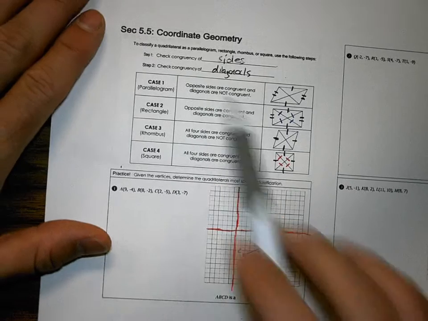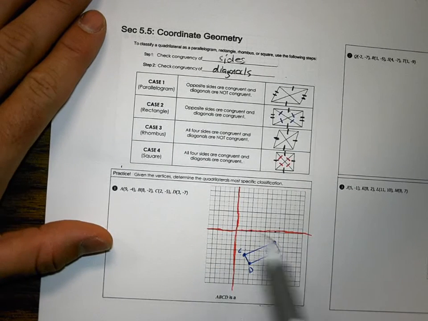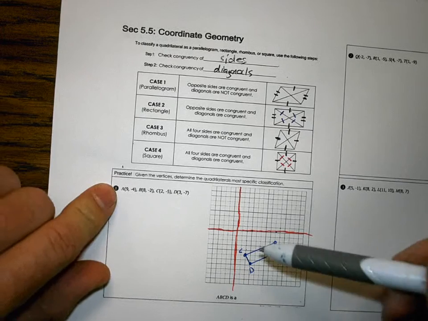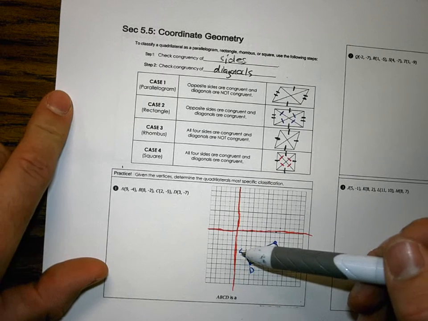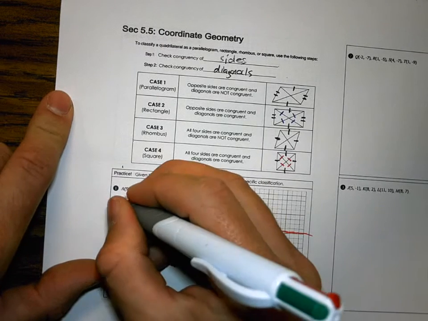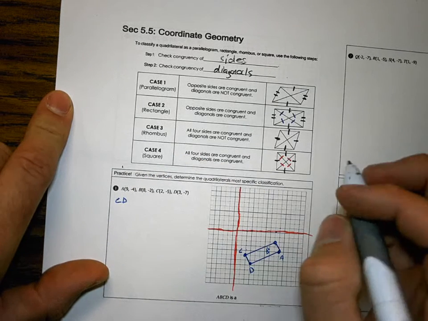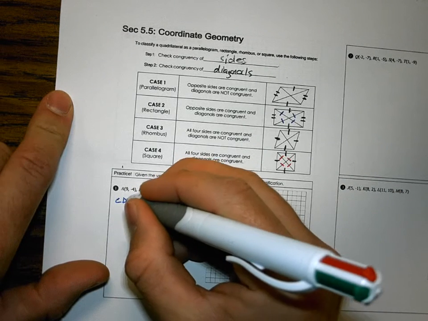Alright, so I want to check. Again, first thing we need to do is check all the sides. We need to know what's going on with the sides, if they're congruent or not. So let's prove that first, the side length of CD. So I'm going to use those 2 points.